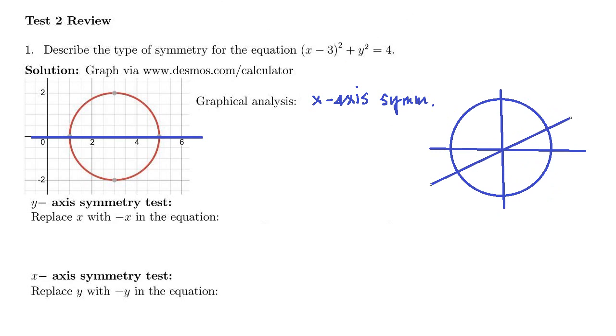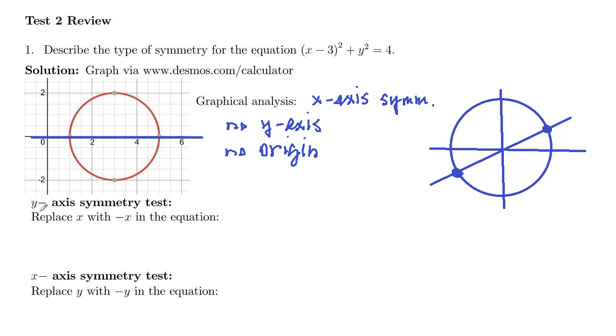So you draw a line through the origin, and we've got a point here, and then we've got a corresponding point, same distance on the other side of the origin. That's origin symmetry graphically. So no y-axis and no origin symmetry. So we should expect that our algebraic test will give us the same results.